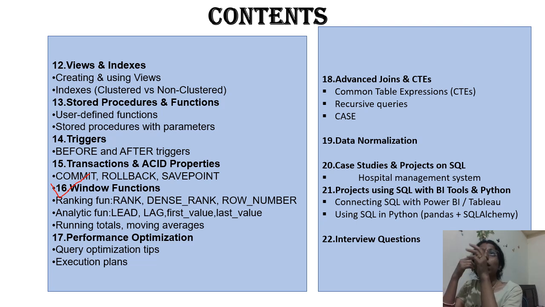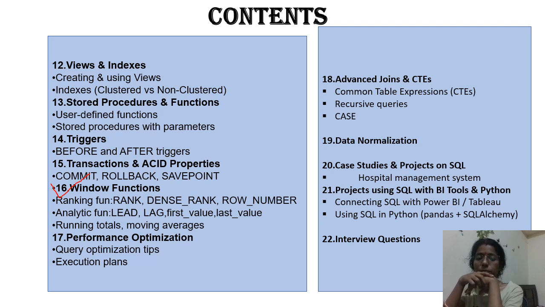Then your ranking functions. This part is very important: rank, dense rank, and row number. Like when we want the 5th highest salary, the nth highest salary.